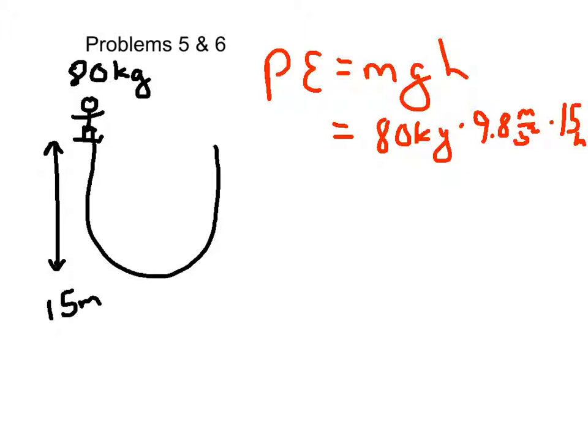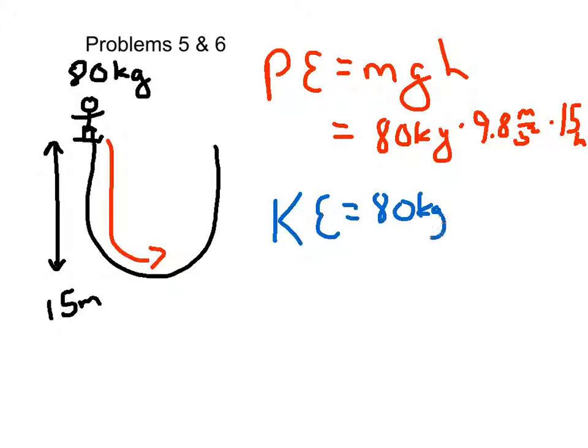Once we know that, we should recognize that by the time they get down to the bottom, all of that potential energy will have converted into kinetic energy. So whatever our potential energy is, our kinetic energy will equal that same amount. Essentially, the value we get from solving for the potential energy becomes our kinetic energy.